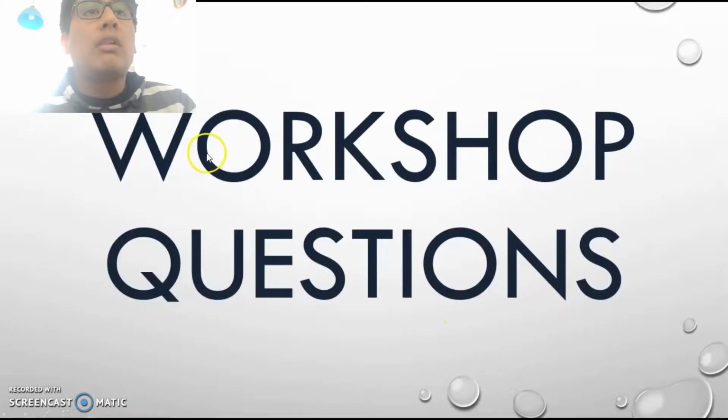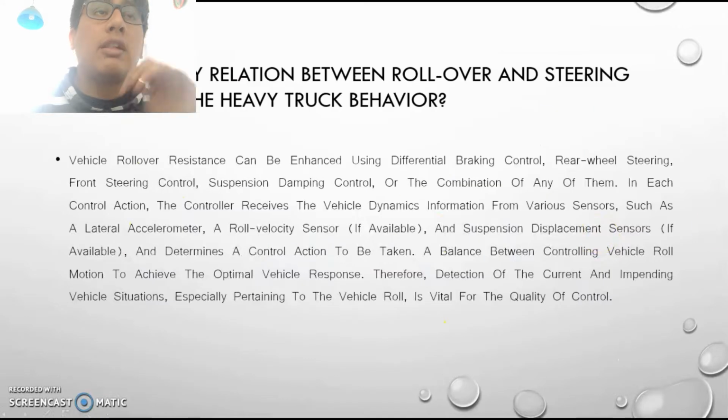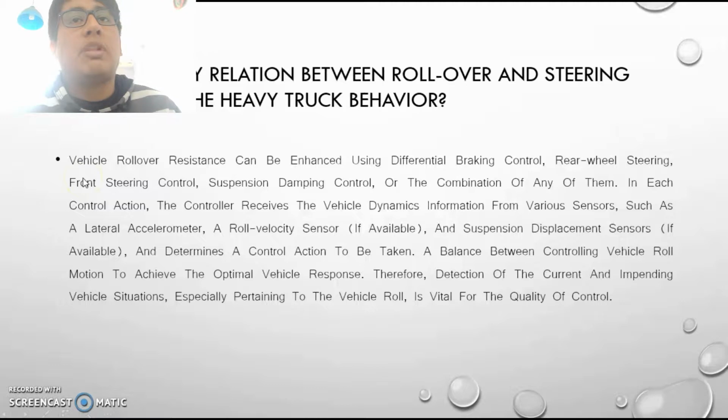Then the workshop questions. Is there any relation between rollover and steering system in the heavy truck behavior? Vehicle rollover resistance can be enhanced using differential braking control, rear wheel steering, front steering control, suspension damping control, or the combination of any of them.